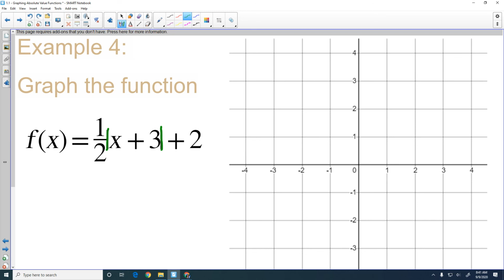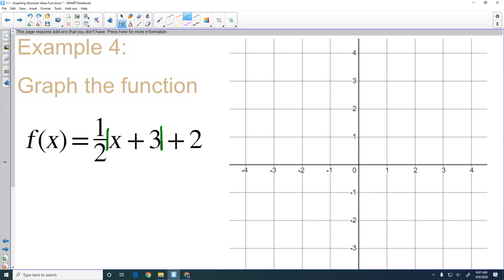And I'll give you a hint. There are 3 of them. So just list the transformations like I've been doing on my previous examples. What are each of those different numbers doing to our graph? So don't even worry about drawing it yet. Just list them out. What's one thing that's happening? What's the second thing happening? And the third.